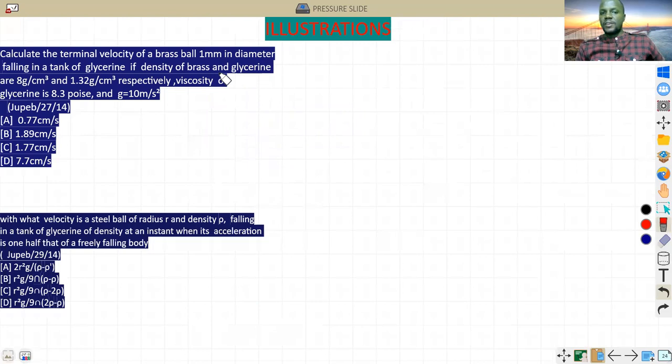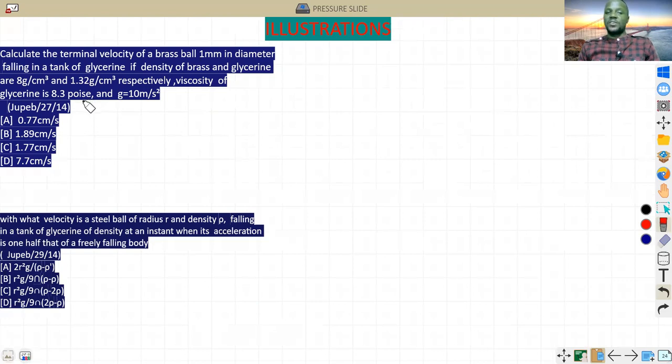If the densities of brass and glycerin are 8 grams per centimeter cube and 1.32 grams per centimeter cube respectively, we are to take the viscosity of glycerin to be 8.3 poise.